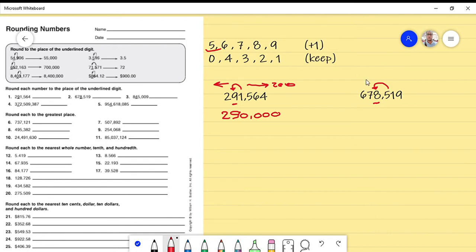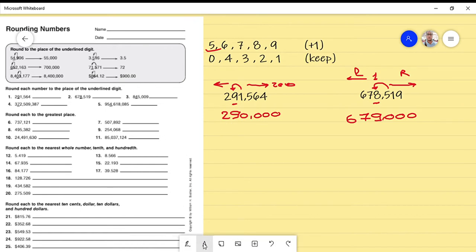You will add 1 to 8, so 8 will be 9. And as I told you before, on the right you replace the digits by 0: 5 will be 0, 1 will be 0, and 9 will be 0. On the left you keep the numbers as they are, 7 and 6. So the answer is 679,000.